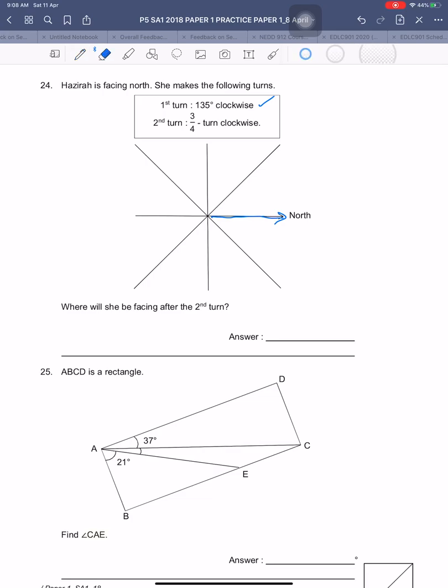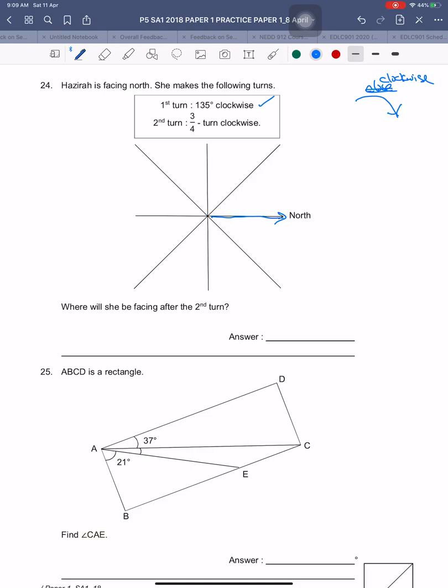You need to understand clockwise, meaning clockwise is this, follow the clock. So 135, and then second turn will be 3/4 turn, also clockwise.